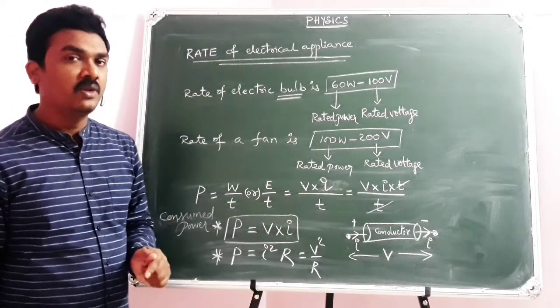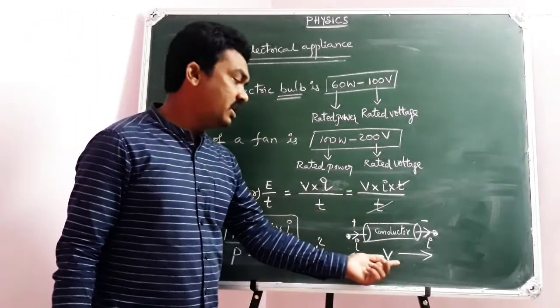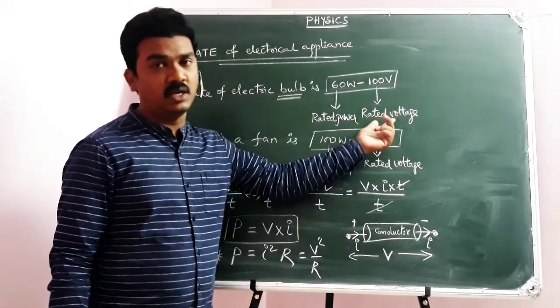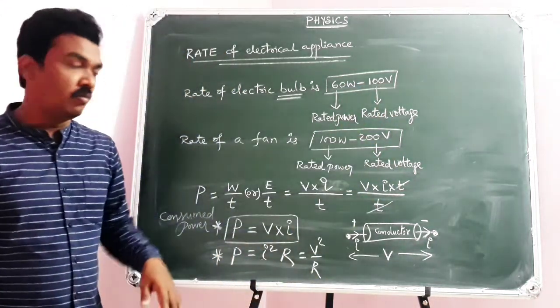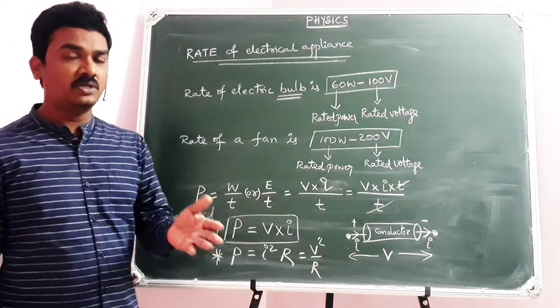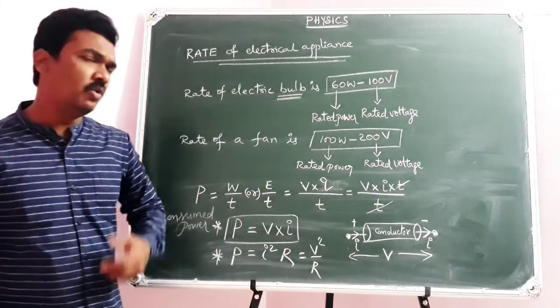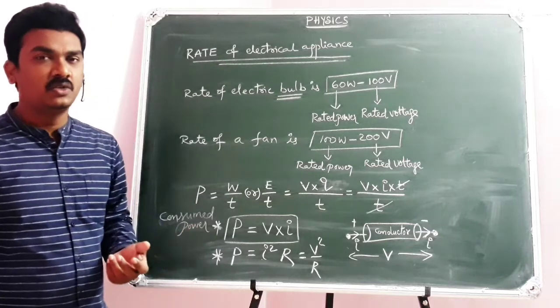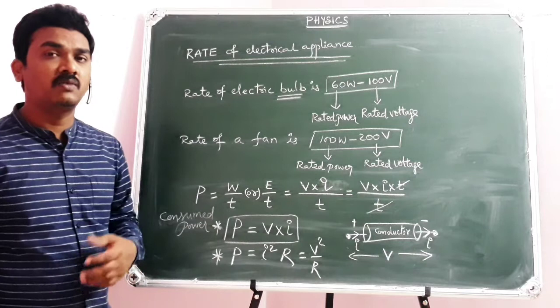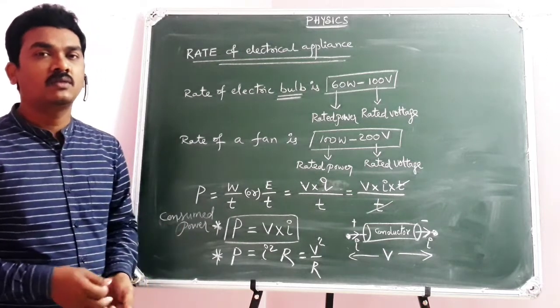So if you are maintaining a particular voltage across the appliance which is more than the rated voltage, then more current will pass through it. You know Q is proportional to I square. So more heat energy will be generated due to more consumption of power, so that your electrical appliance will get damaged.